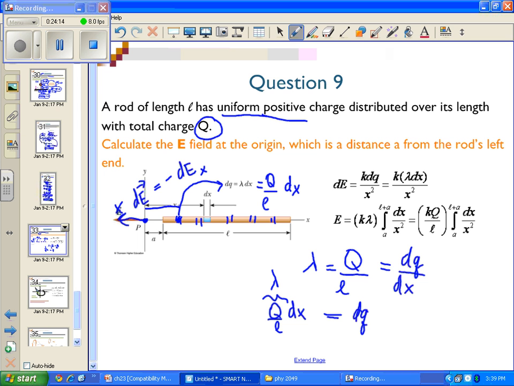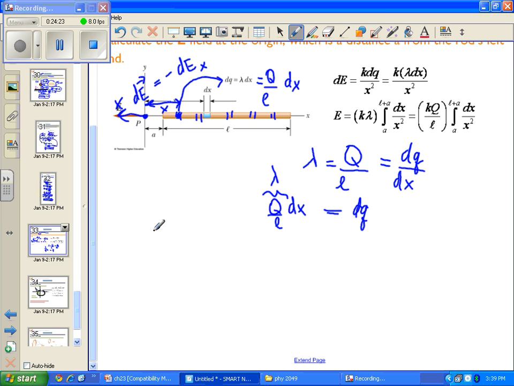Well, we're going to say that this is the distance x, but we're going to tell our integral, our summing machine, where to begin summing the dq's, namely at x equals a, and where to end summing the dq's, which will be at x equals L plus a. Well, we're not done yet.